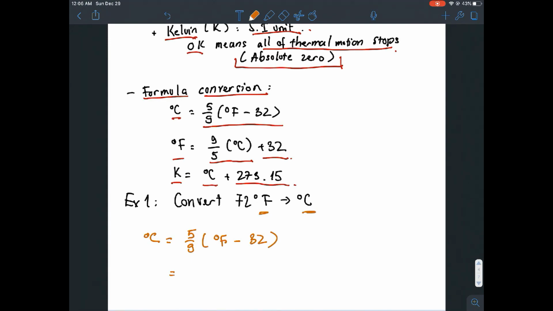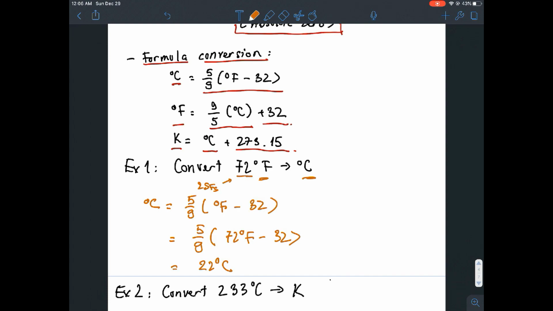We plug the number in: 5/9 times 72 minus 32, and we're going to have 22 degrees Celsius. We have 2 sig figs in the example, and the final result is 2 sig figs as well.